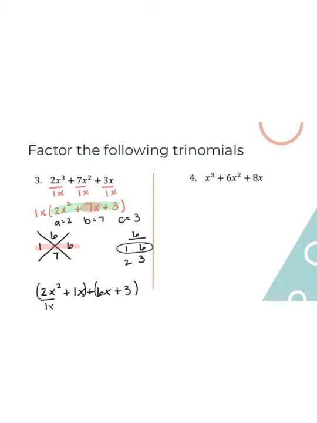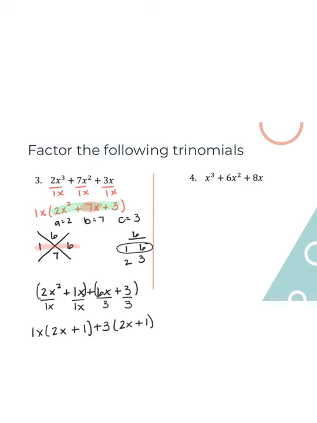Well, I can take a 1x out of that, and I can take a 1x out of here. A 6x and a 3, they both have a 3 in common. My 1x comes out front, and I divide out. 2 divided by 1 is 2, x squared divided by x is x, plus 1 divided by 1 is 1, and my x's cancel out, plus 3, because I divided by 3 on that side. 6 divided by 3 is 2, and I have an x left over, and 3 divided by 3 is 1.